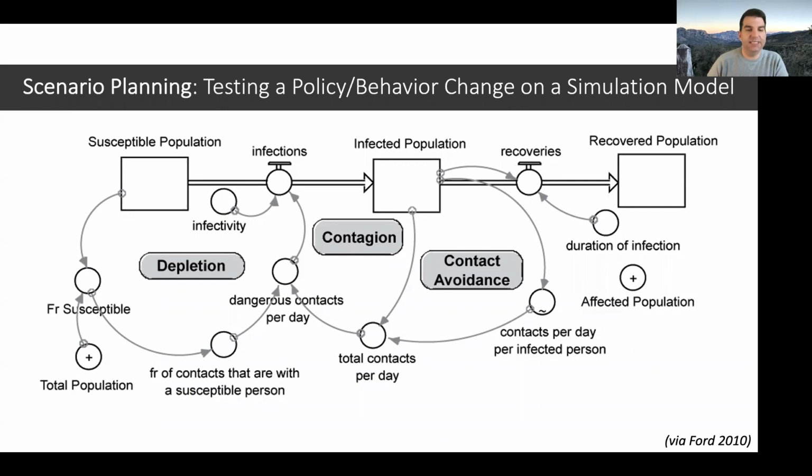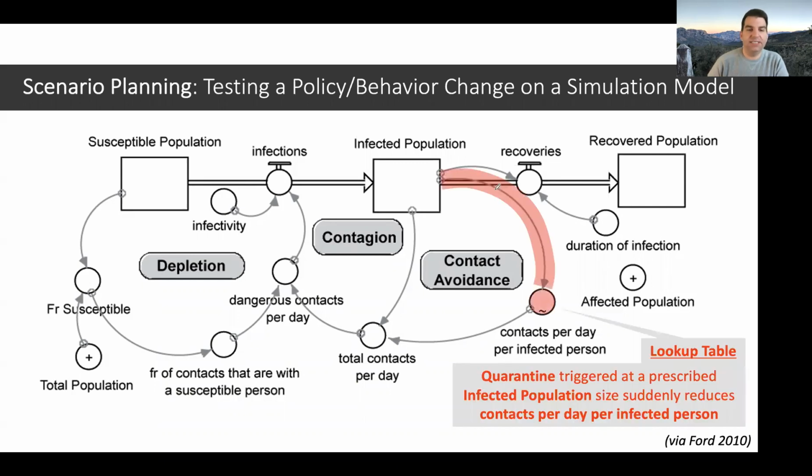And so they've taken the normal SIR model and they've added a contact avoidance loop, where basically there is a lookup table, which basically shows triggers for when you implement quarantine based on the number of people who are currently infected here. And when you implement quarantine, it is going to affect the total contacts per day.